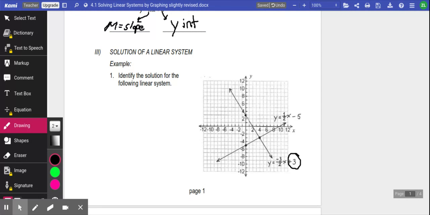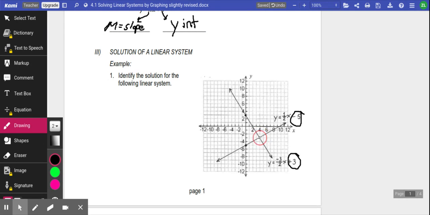So it goes down 3 and over 2. This line right here is y equals 1/2 x minus 5. Minus 5 is where it hits on the y-intercept, and it has a rise of 1 and a run of 2.